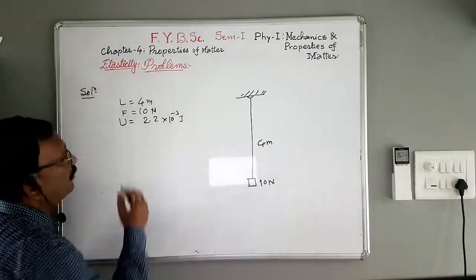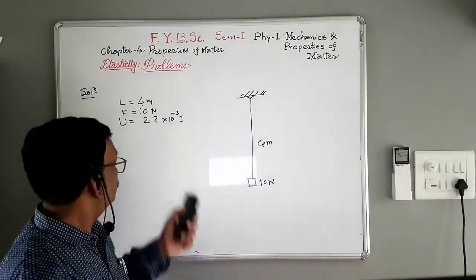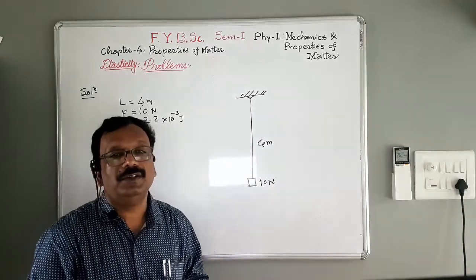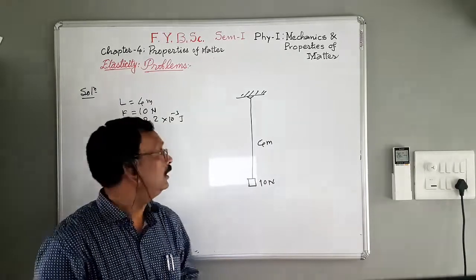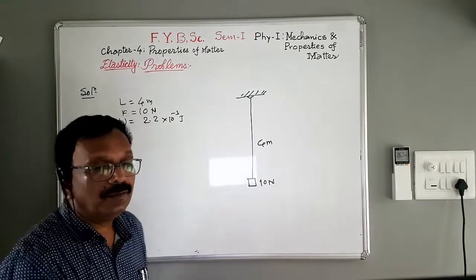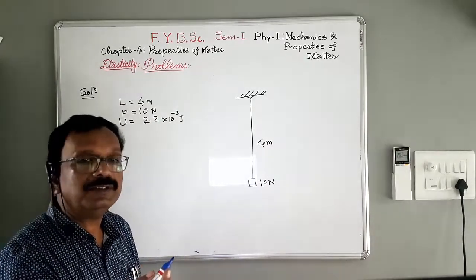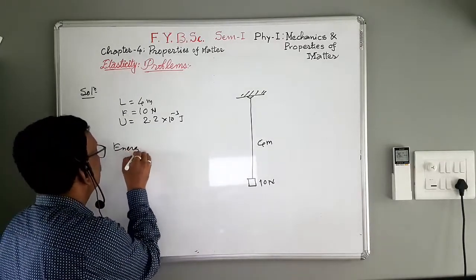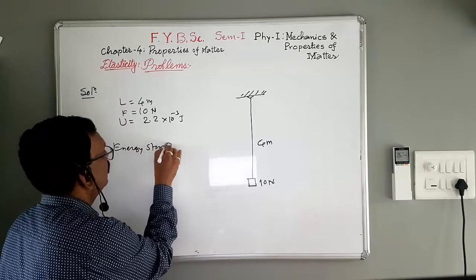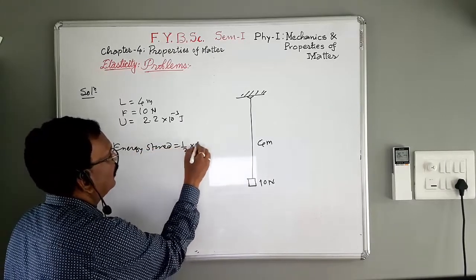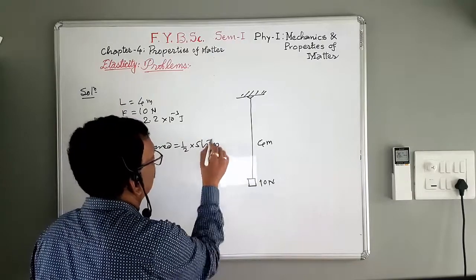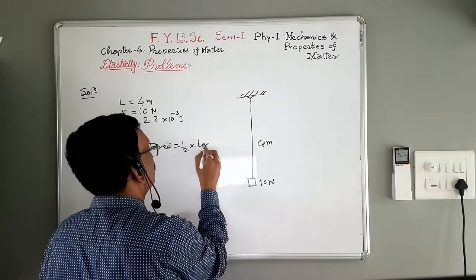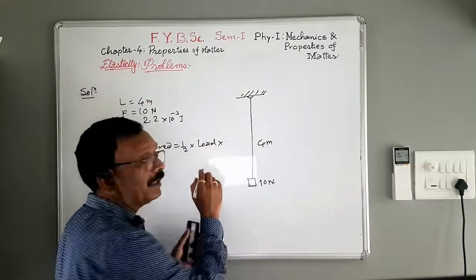So given L is 4 meter, force or load is 10 Newton and energy stored in the wire is 2.2 into 10 to minus 3 joule. Now we know a very simple formula. We studied this formula in the theoretical aspect, that energy stored is equal to 1/2 into stress, so load, into extension.